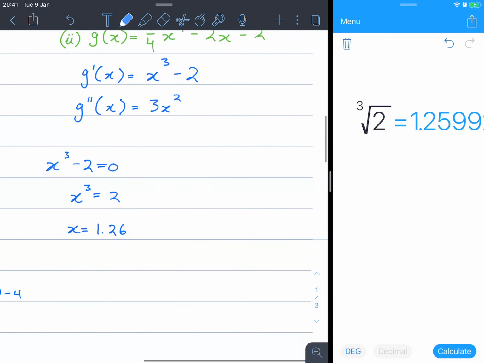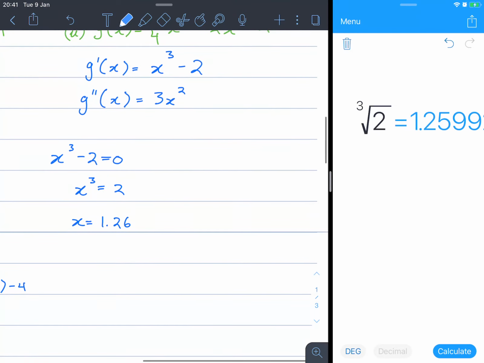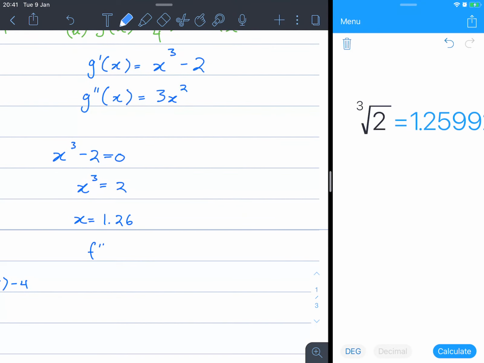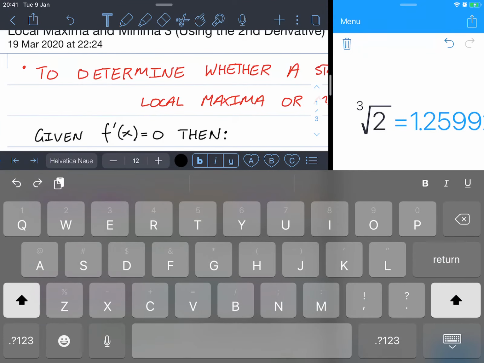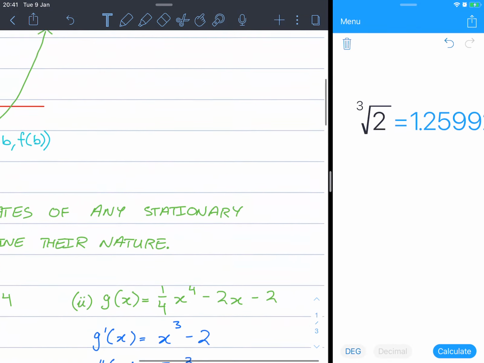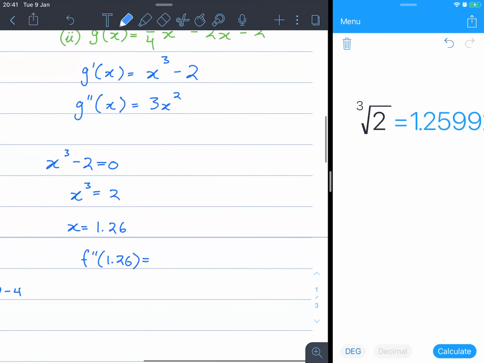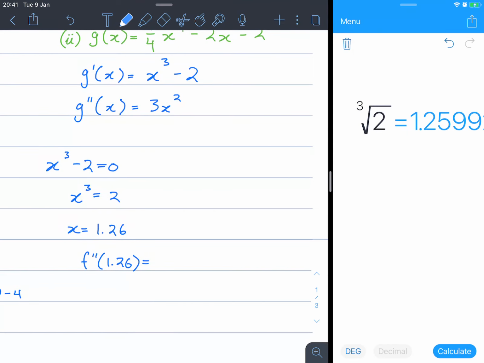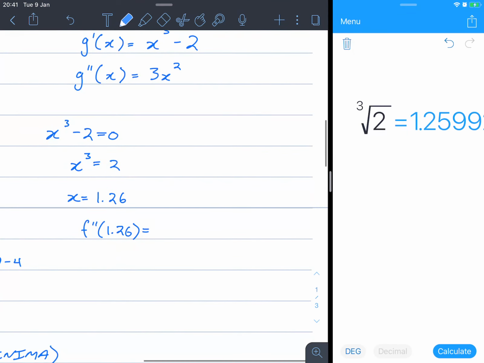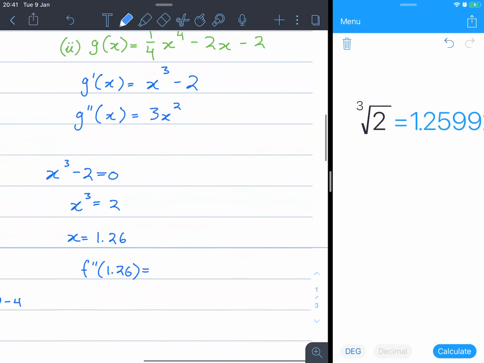Let's substitute that to determine its nature. So let's go f double prime of 1.26. You can probably already tell that because this is positive and x squared is positive, then this here must be always concave up from the looks of it.